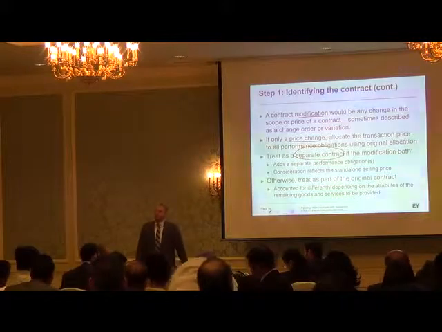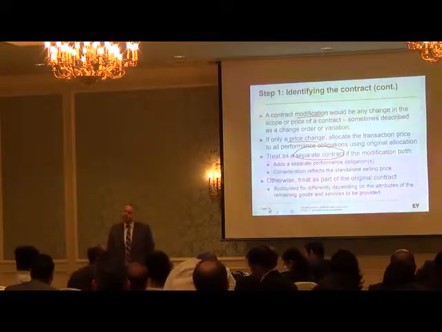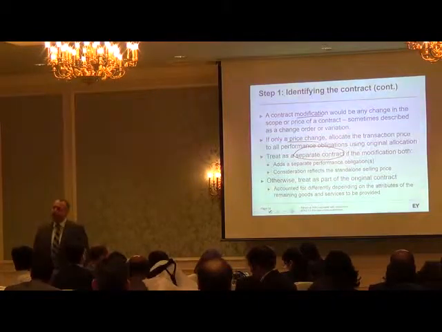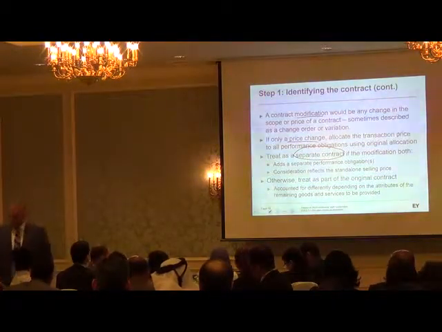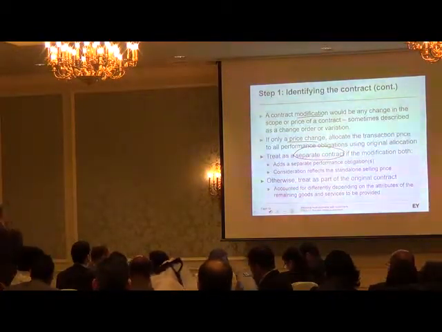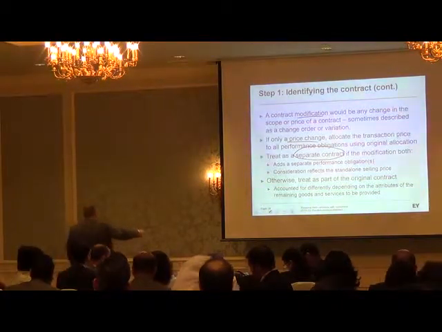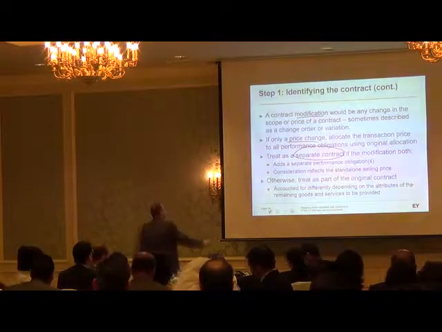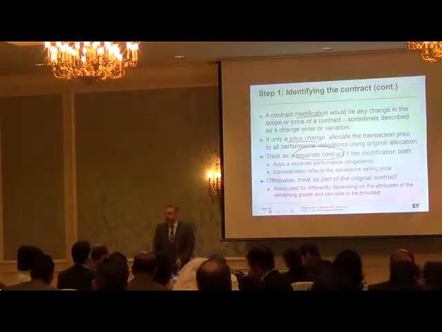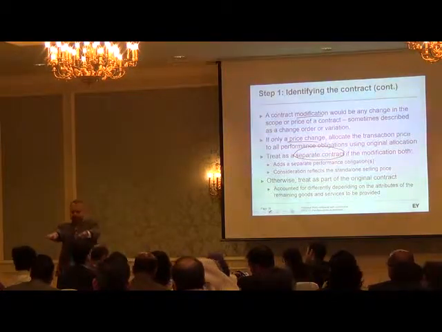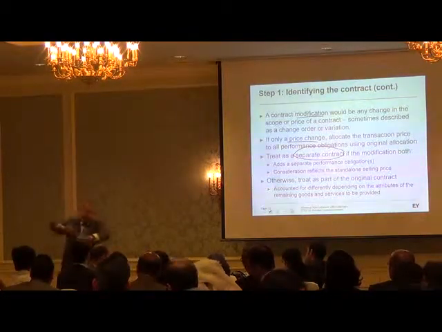Hold on for a second. What do we mean by that? Add the separate performance obligation. We modify the contract, but actually we give an additional thing, right? And, or actually because, consideration reflects the standalone selling price. Let me give you now another example of this. Shop, highway, bypass road.